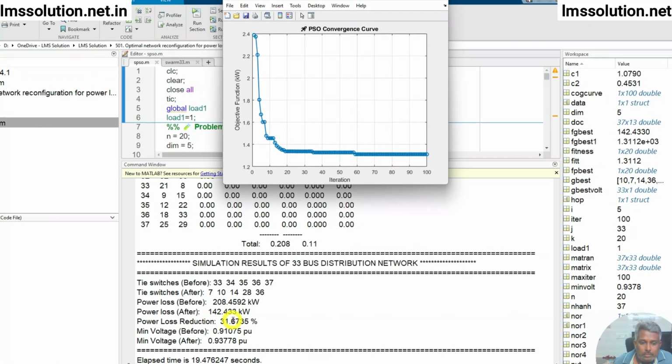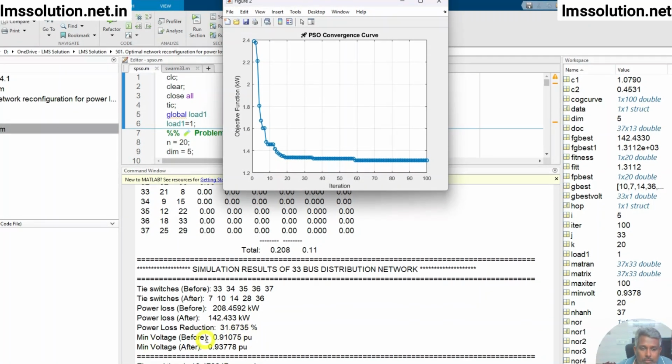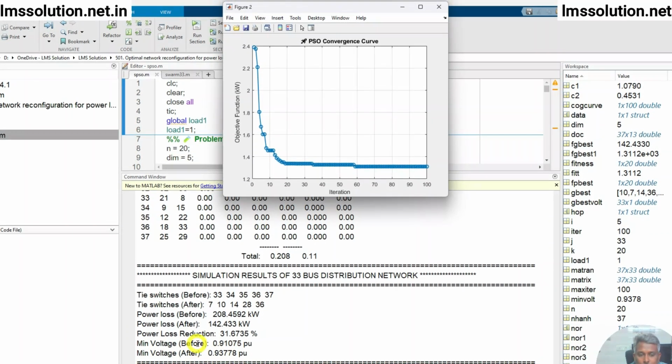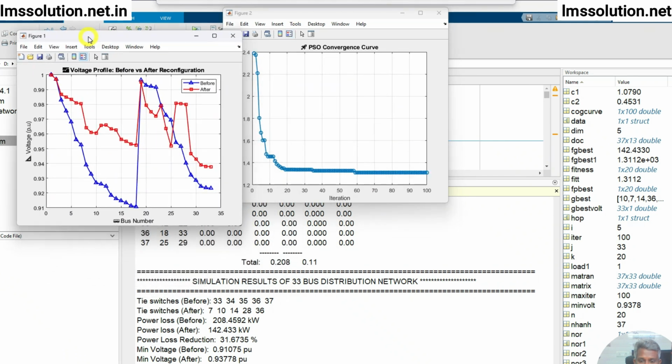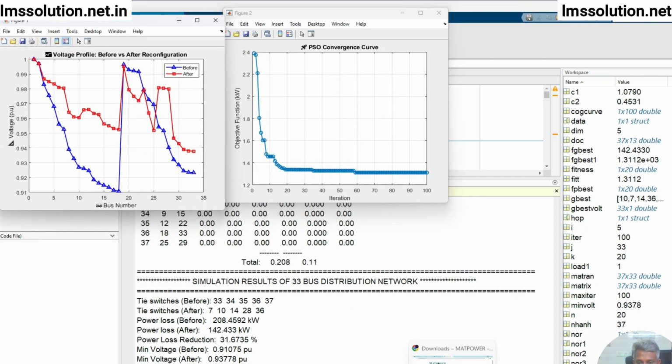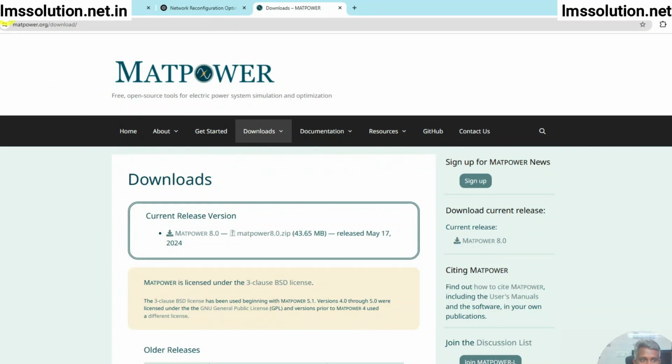The power loss reduction is 31.67, and you can see the minimum voltage before and after optimization. This is a graph; this kind of graph you can also see in this paper.